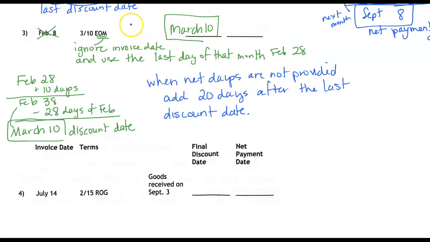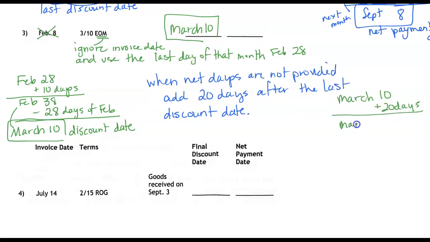So because we weren't given any net 60 or net 30, what we're going to do is take 20 days after the last discount date. Well, if our discount date was March 10th, we're going to start with March 10th and add 20 days.